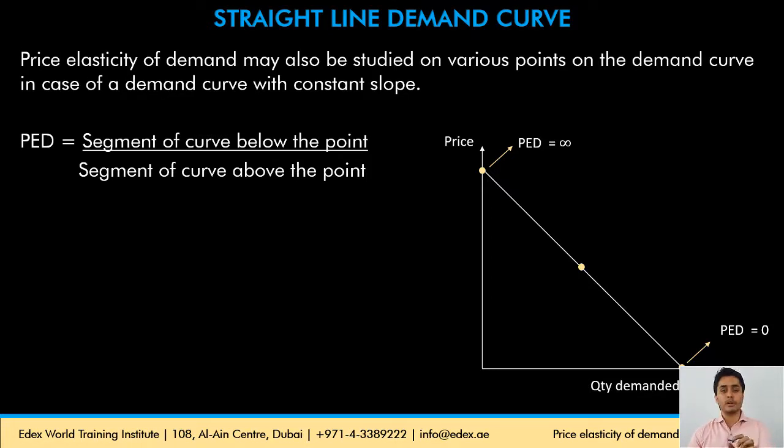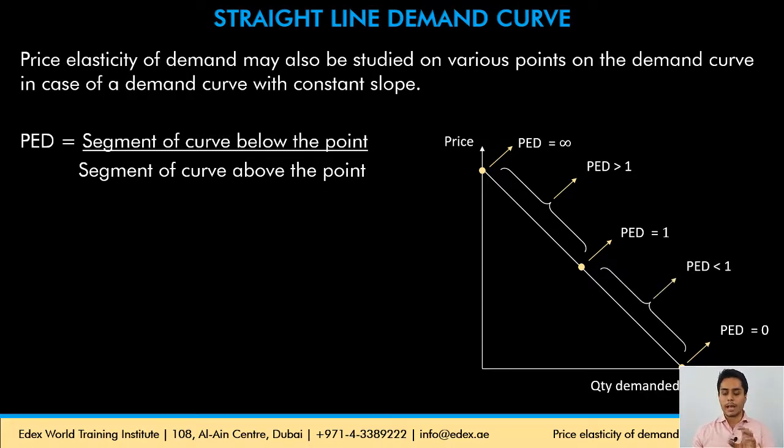The center of the demand curve would be unit elastic, PED is 1. Between the infinite elasticity and unit elasticity, you will have elastic demand, and on the other side, between the unit elastic and the perfectly inelastic point, you will have inelastic demand.